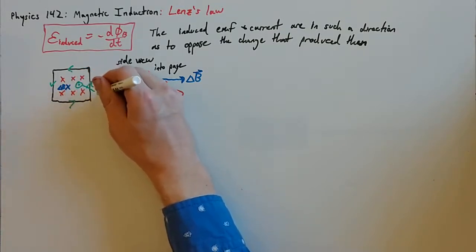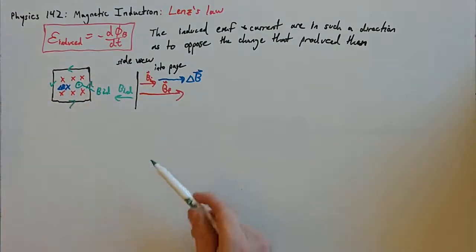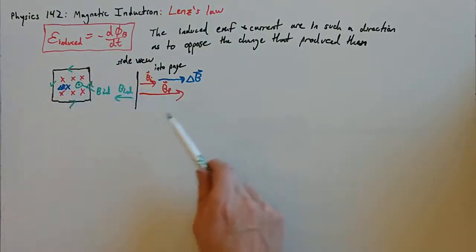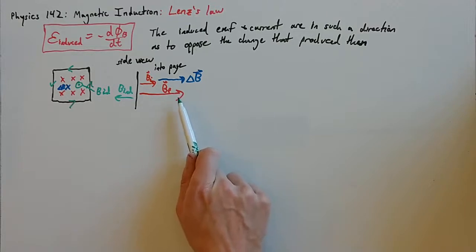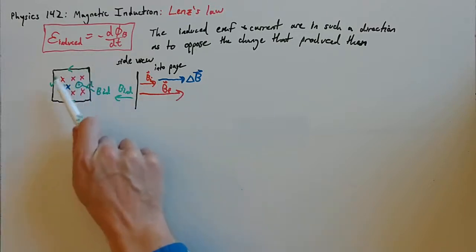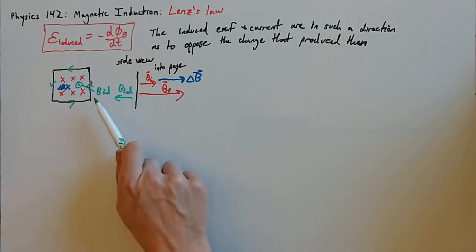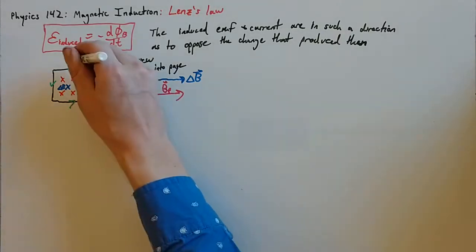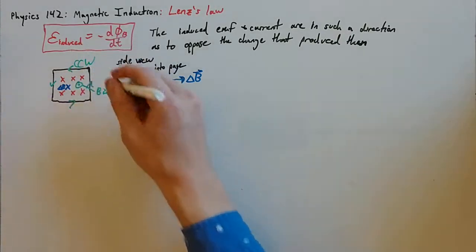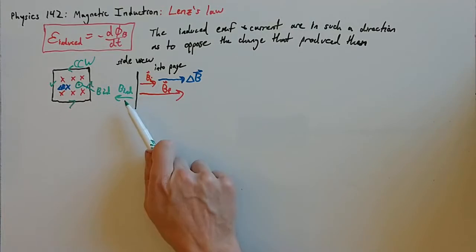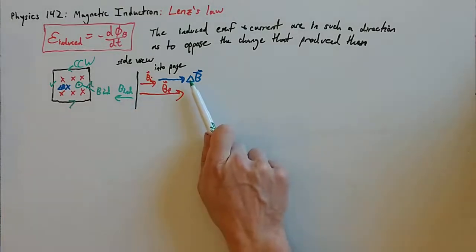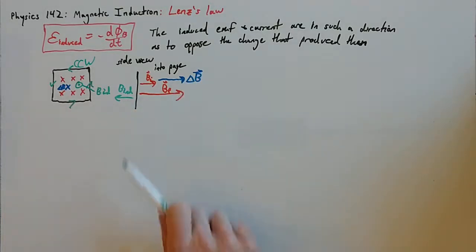So what this says is that the current here, if we increase the B field, will be counterclockwise. We'll get counterclockwise current, and that's because the induced magnetic field needs to oppose the delta B, needs to oppose the change.